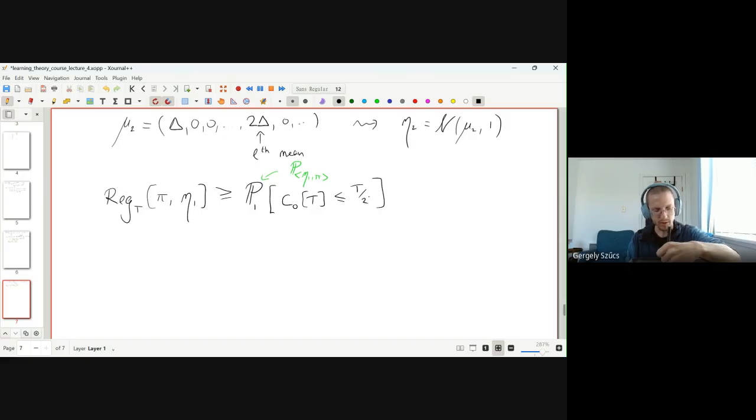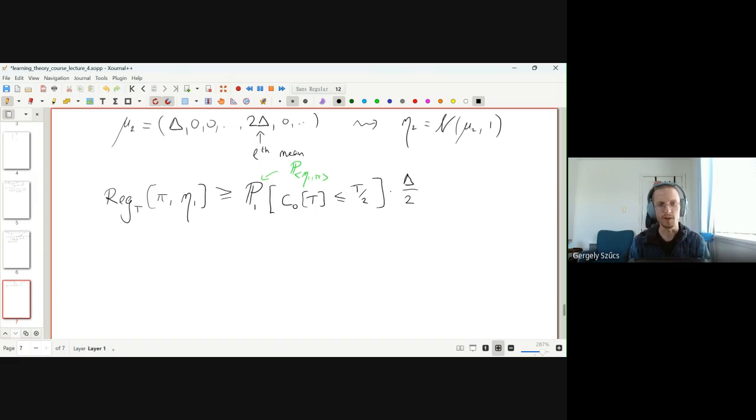So this is the case where we pull the optimal arm less than half of the time. In that case, for half of the time, we suffer delta regret. So we get a delta over 2, and this is average regret. So the total regret would be t times this.